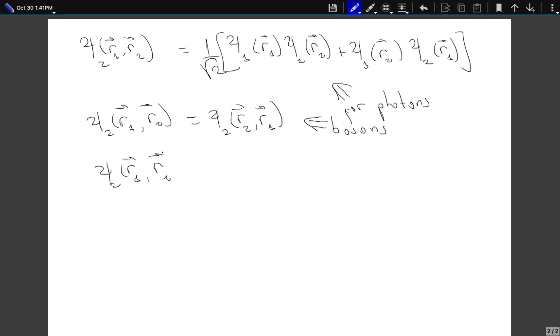On the other hand, if they satisfy this one, these are for fermions. So if you change the position of two particles, you don't get a new wave function. You get exactly the same wave function.